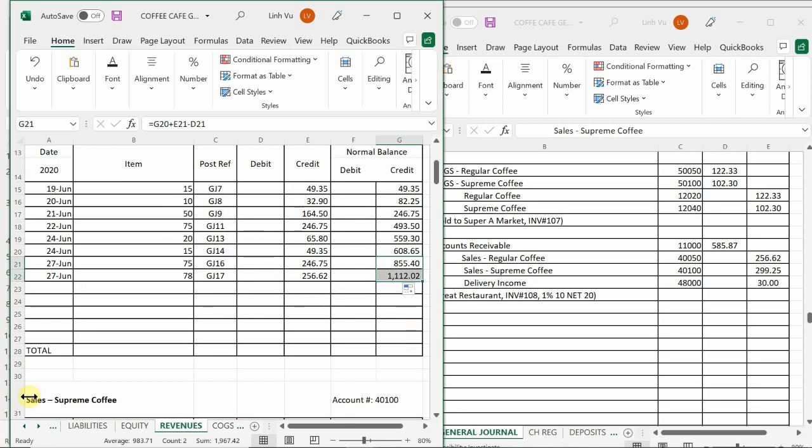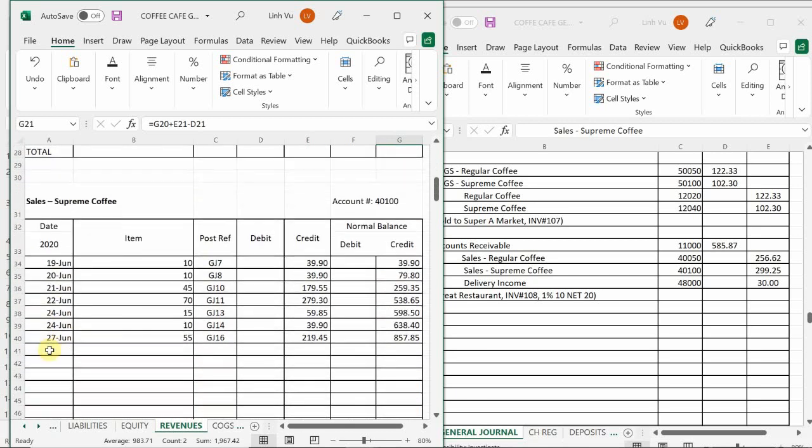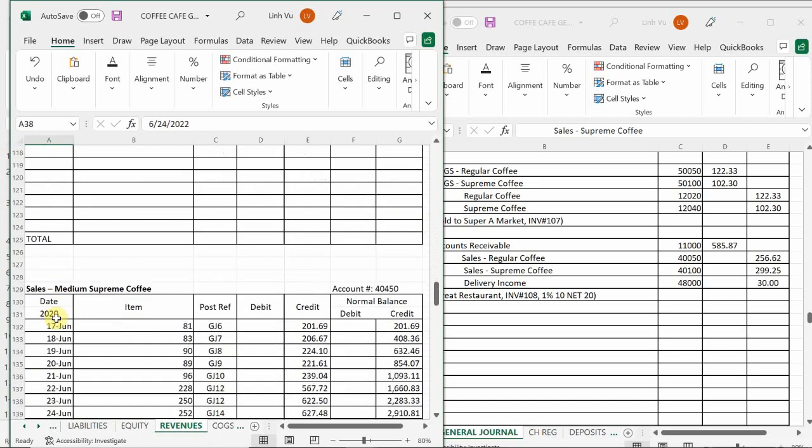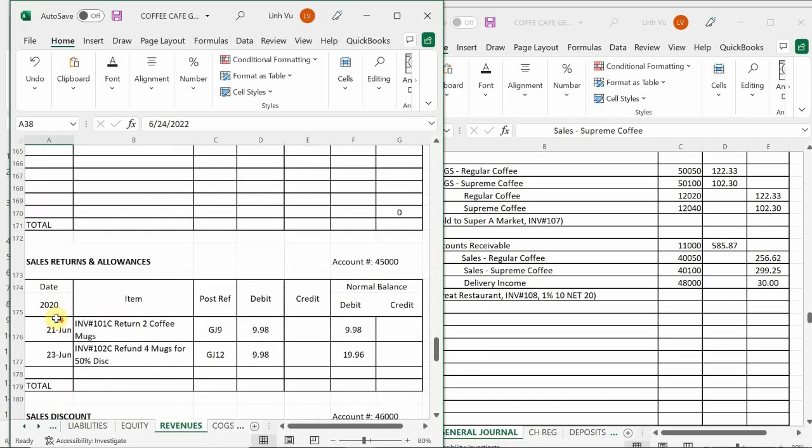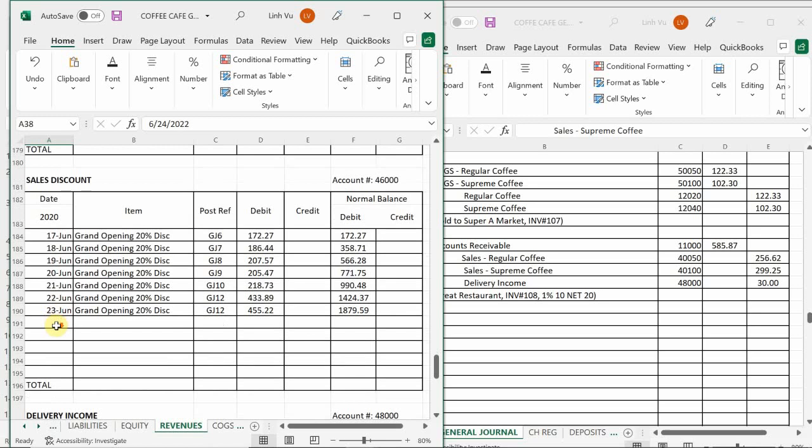We also sold some Supreme coffee. We sold 75 pounds for a total of $299.25. Last but not least, we also charged an additional charge for delivery.